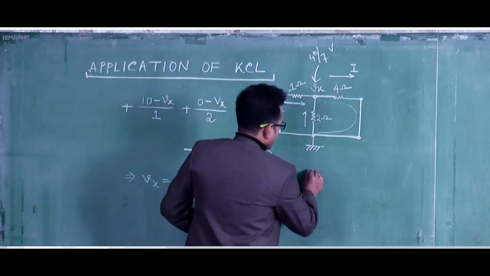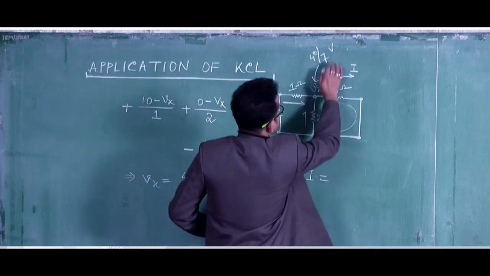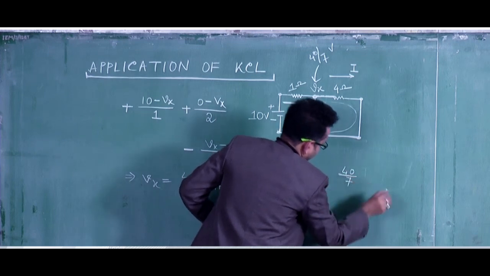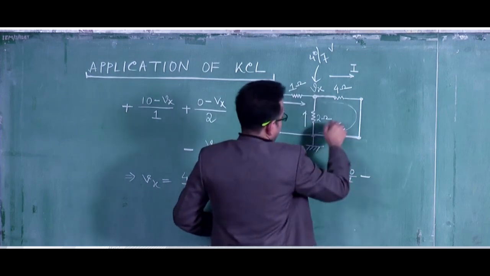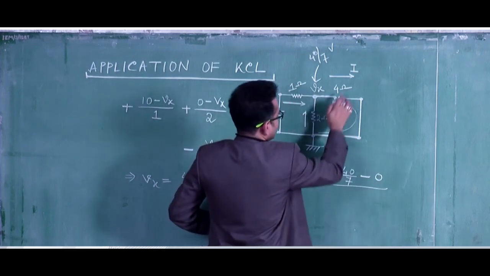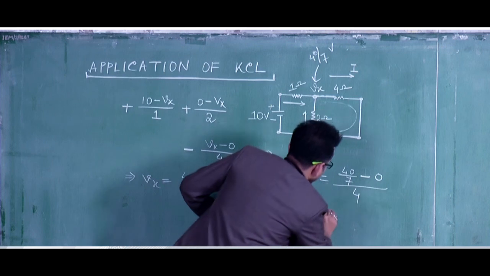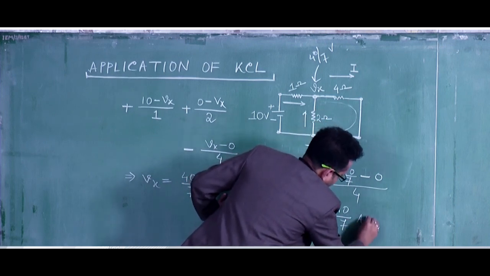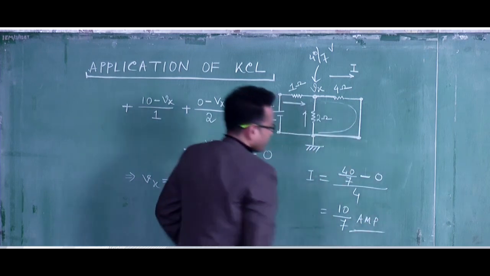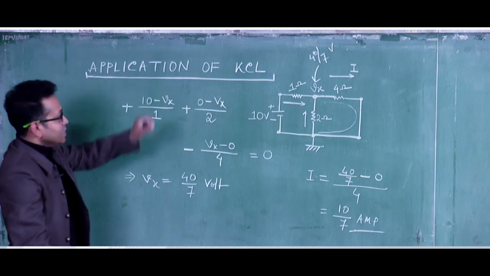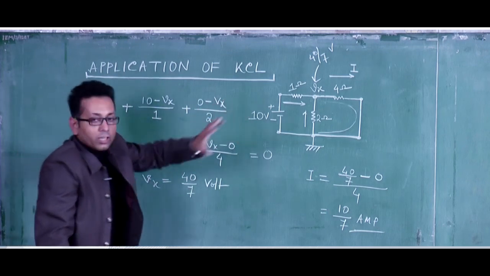I equals potential difference, that is 40 by 7 minus 0, divided by the impedance of this branch, that is 4. So ultimately it is coming as 10 by 7 ampere. Is that clear? So in this manner, by applying KCL, we can solve such kind of circuit problems.